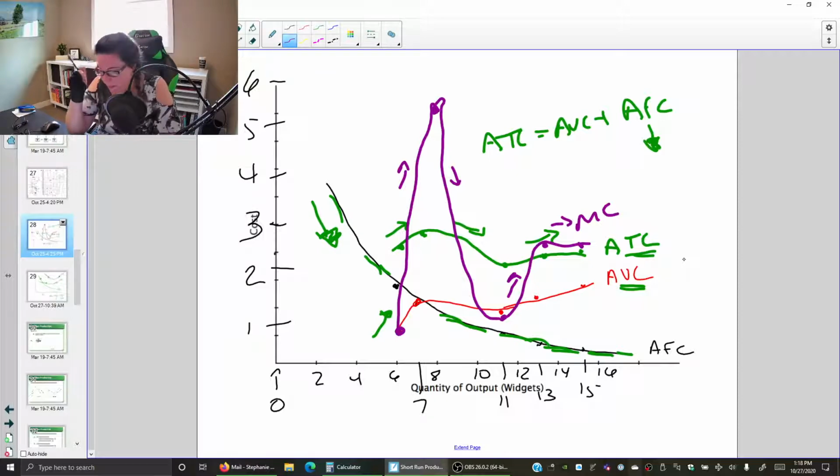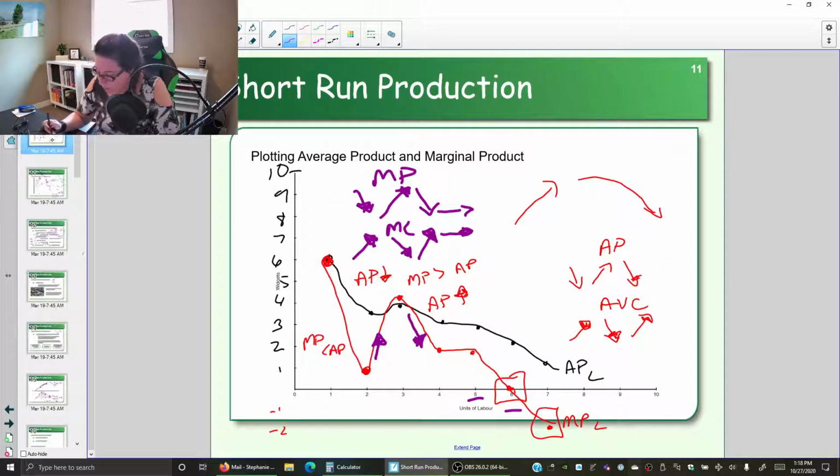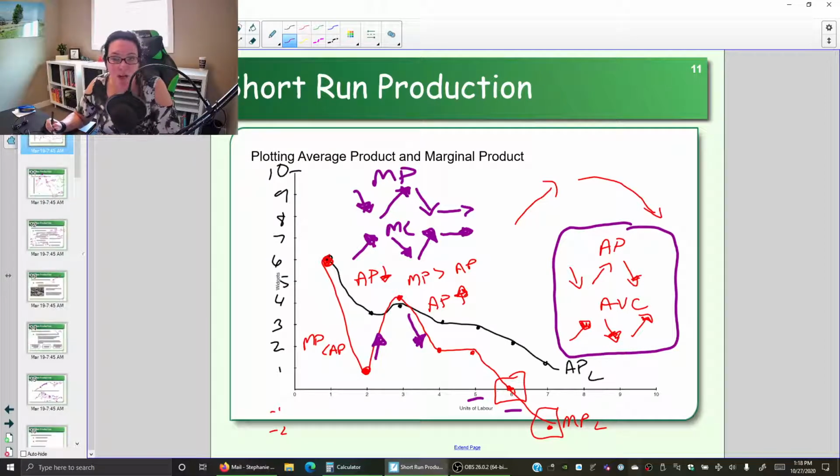marginal product. There's also a relationship between marginal cost and average variable cost. If you recall our previous discussion, let's go back. Remember that there was this relationship between average product and average variable cost.